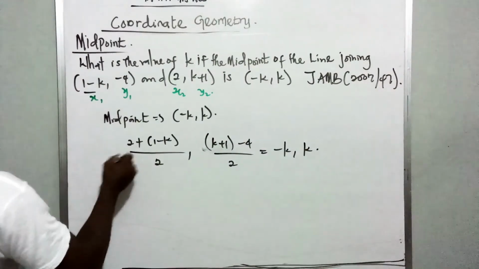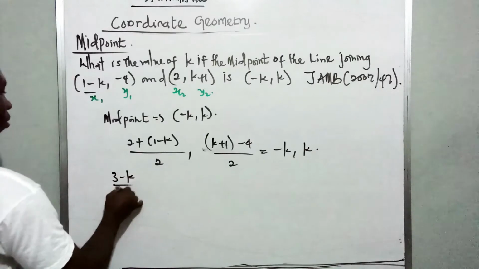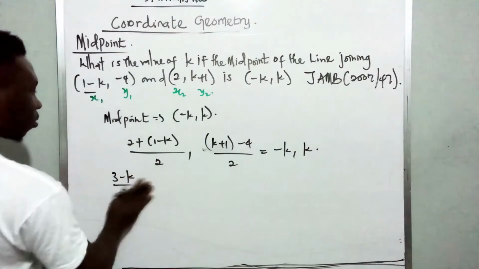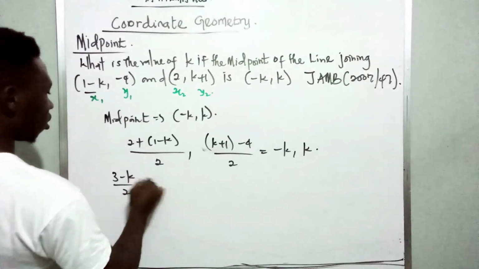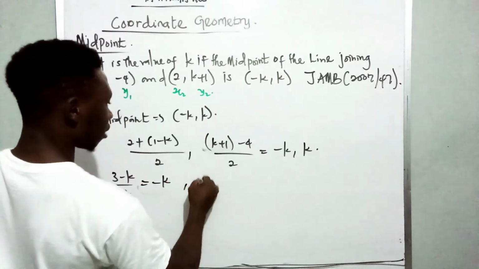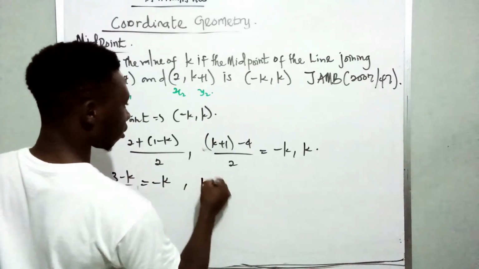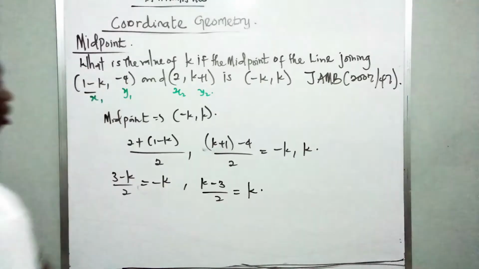So here this becomes 2 plus 1, that's 3 minus k over 2 is equal to minus k, comma, k plus 1, that's k minus 3 over 2 is equal to k.